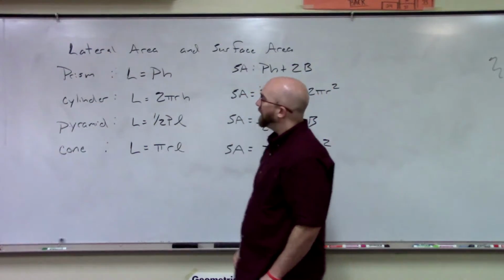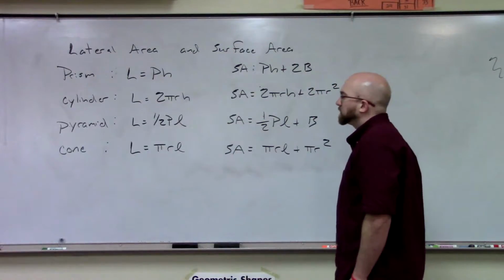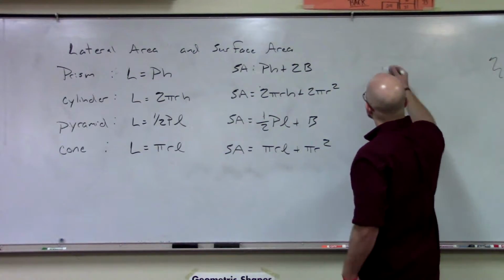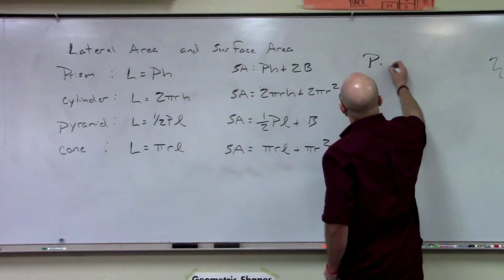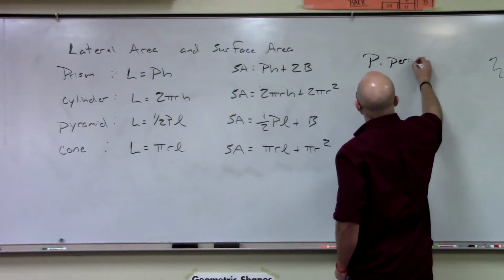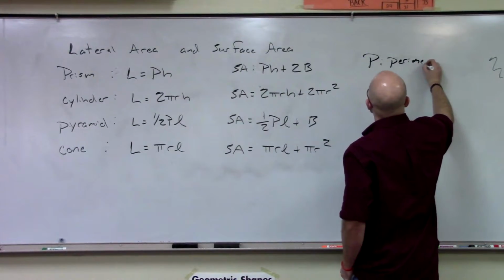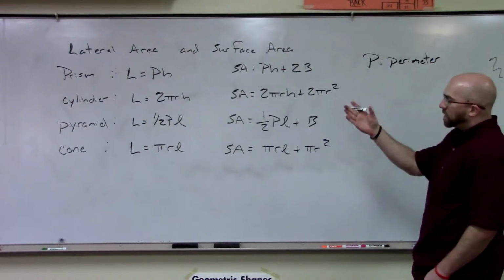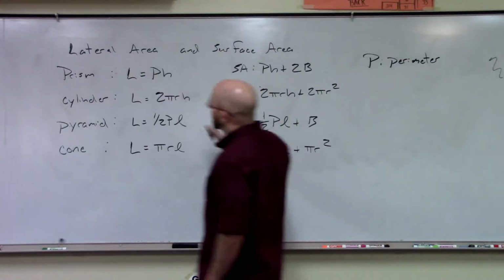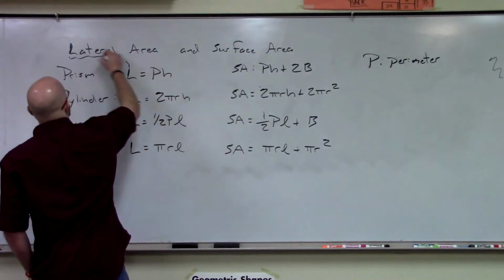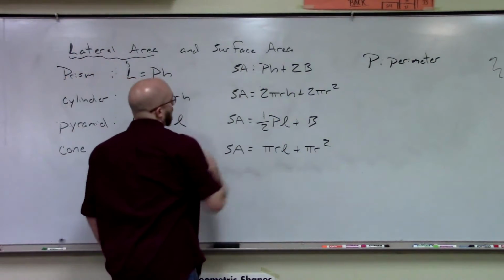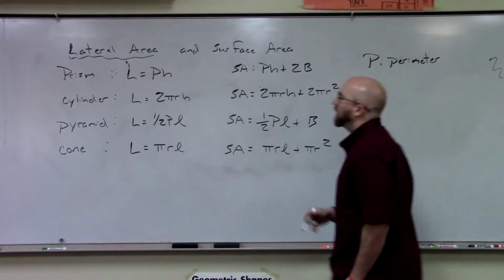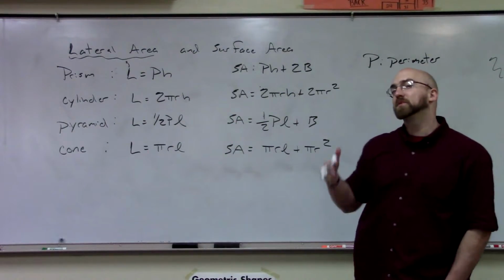For a prism we have L equals P times h, where P is perimeter and L is our lateral area. And h is our height, that is our distance between the bases.